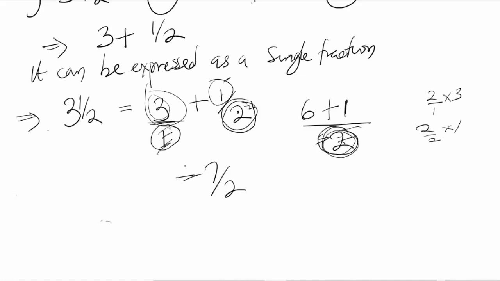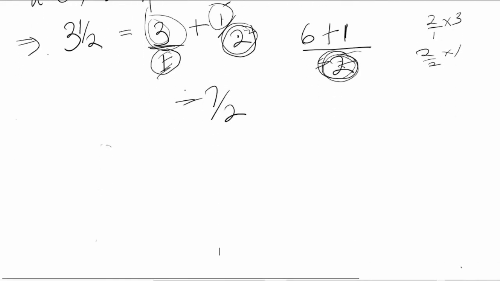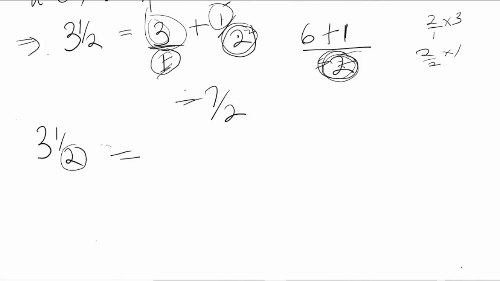So 3 1/2 is the same thing as 7 over 2. Or there's a quicker way to do it. 3 1/2 is equal to: you multiply this 2 by this 3, and you add this 1 to it.